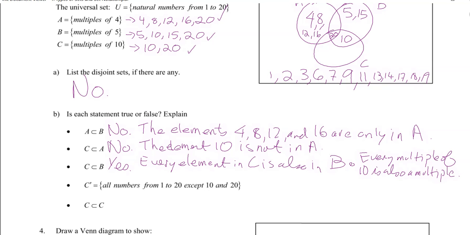Yes, so it's true, because C consists only of 10 and 20. So C prime is every number that is not 10 or 20.